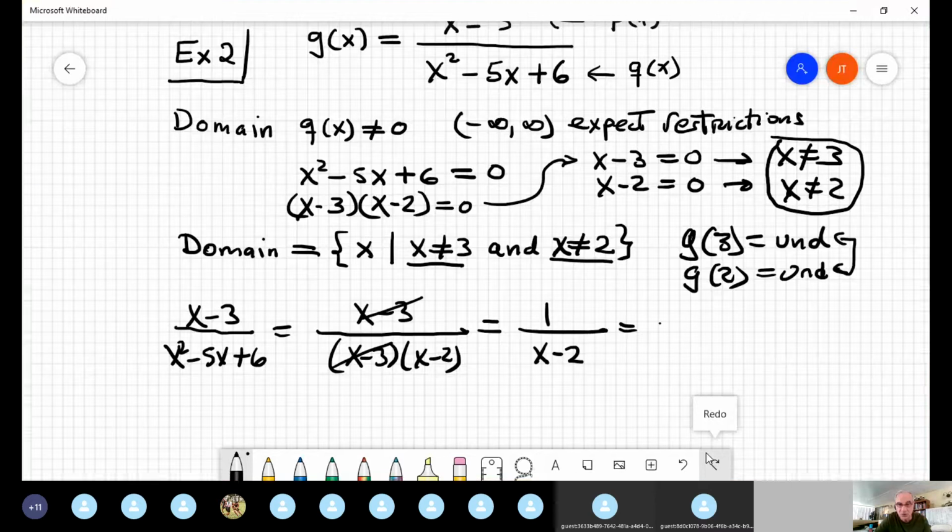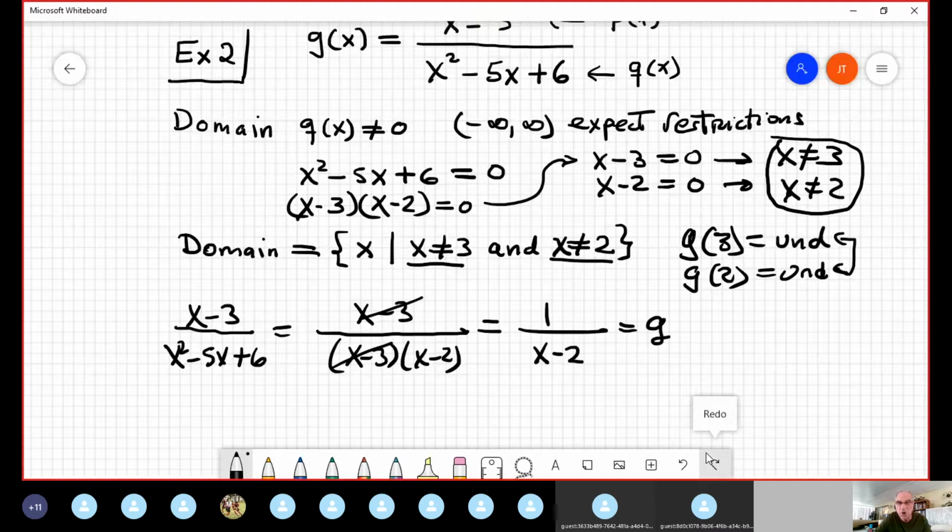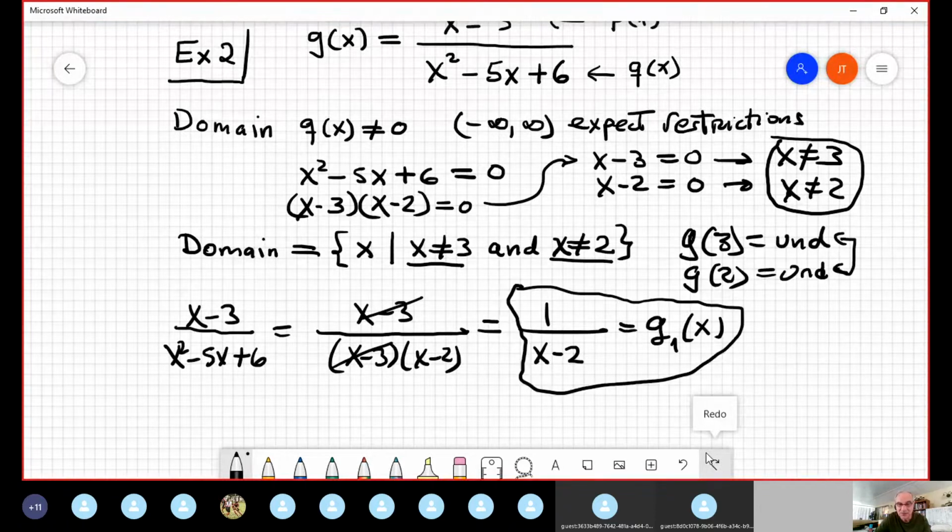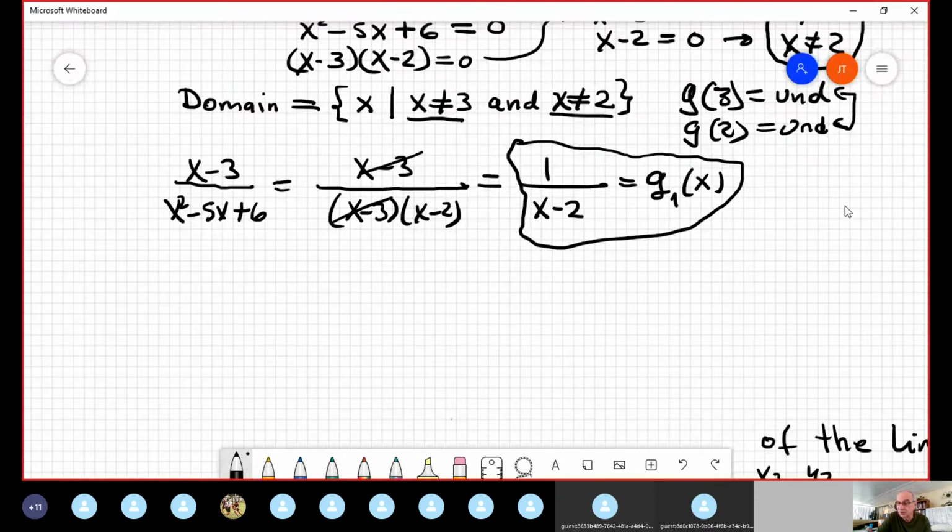And this I want to call G1 of x, because this is a family of the original, but it's not exactly the same. So the factor that is gone after your simplification is a hole.